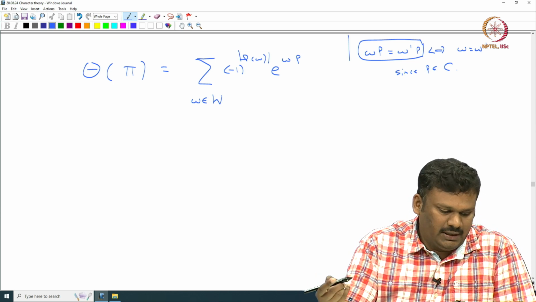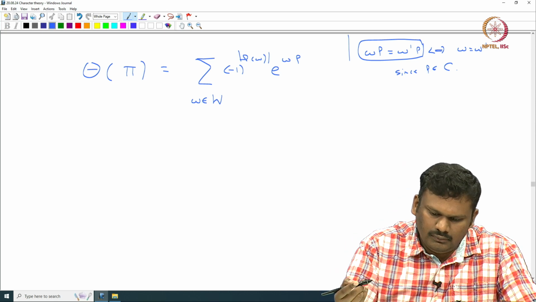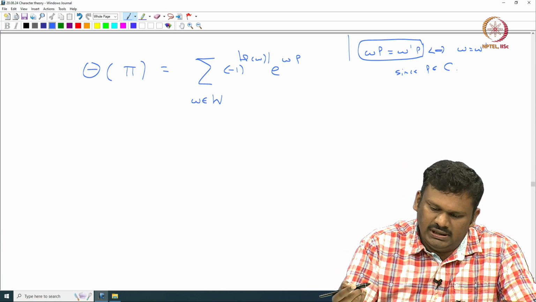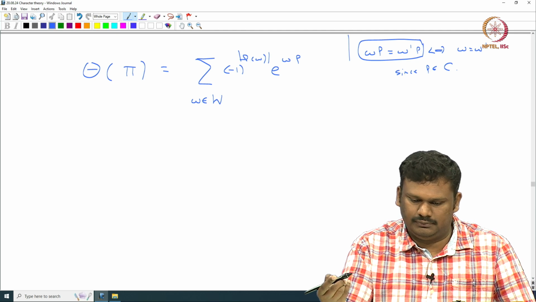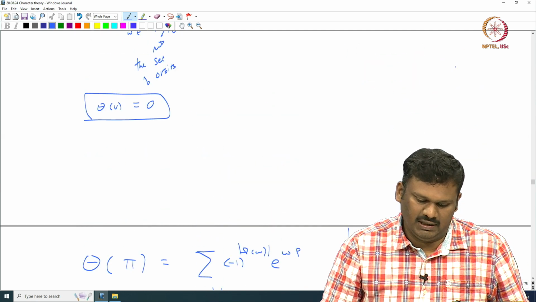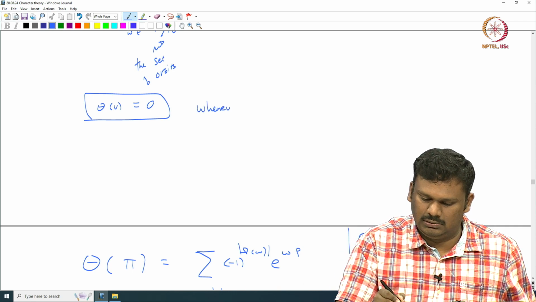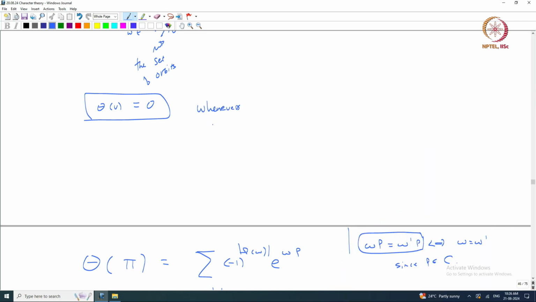So, when you apply theta of pi, you exactly get this. This is something you get from observing that theta V is 0 whenever this V lies inside one of the hyperplanes H beta for some beta in delta.